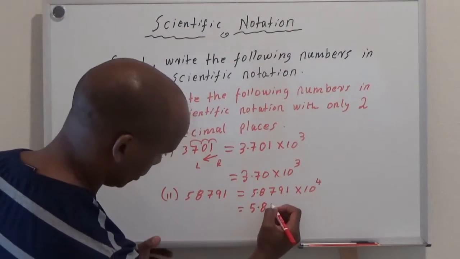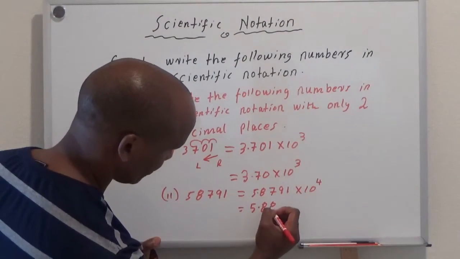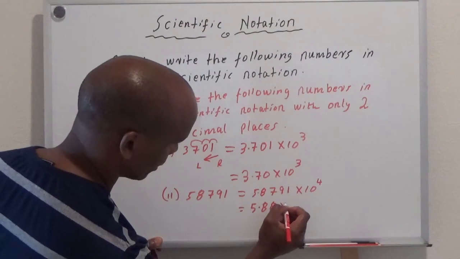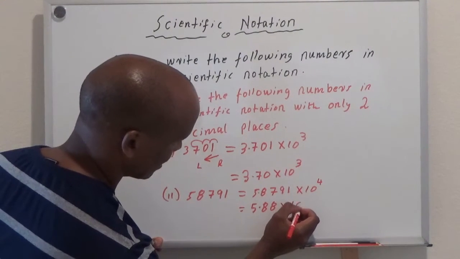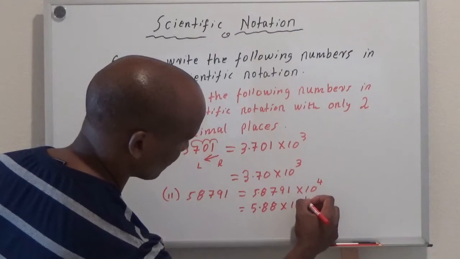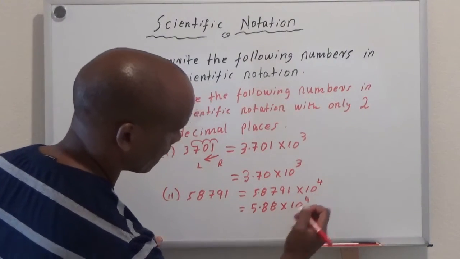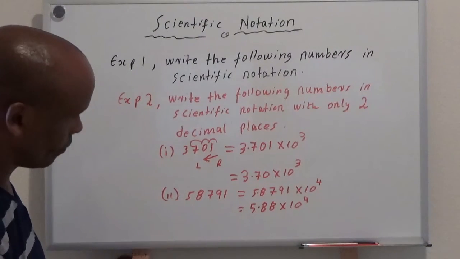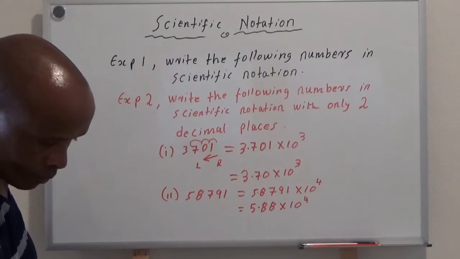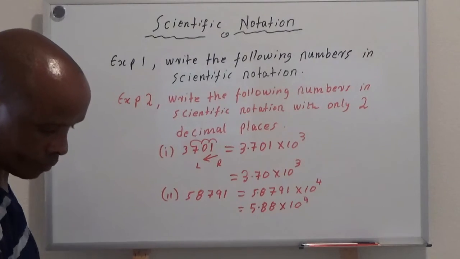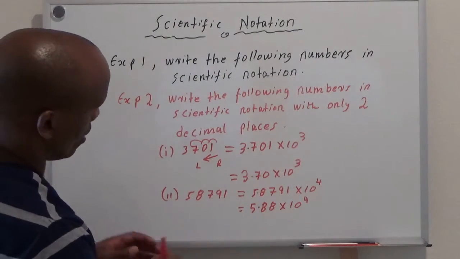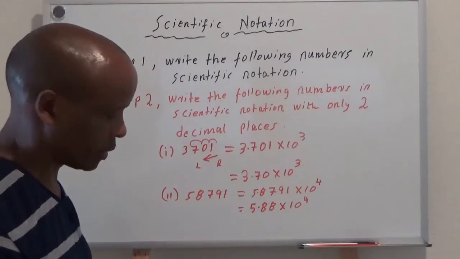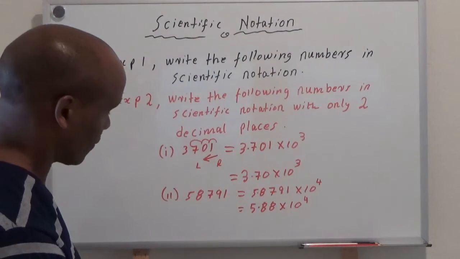So this one becomes 8: 5.88 times 10 to the power of 4. That's how it is.